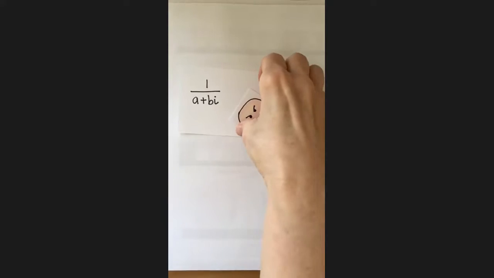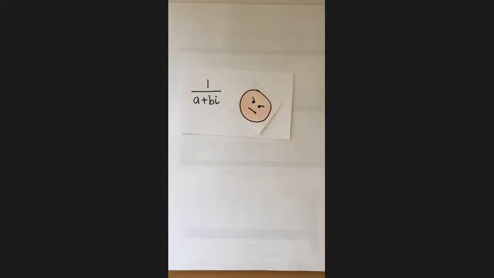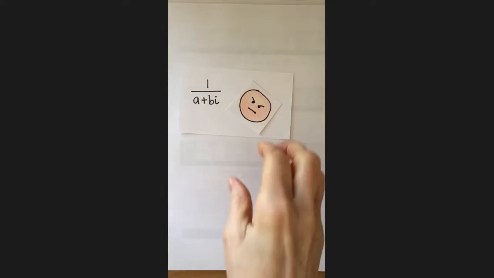Now, it turns out that they also abhor seeing a complex number in the denominator. In this video, we will see how the technique of finding the product of complex conjugates allows mathematicians to eliminate a complex number from the denominator.